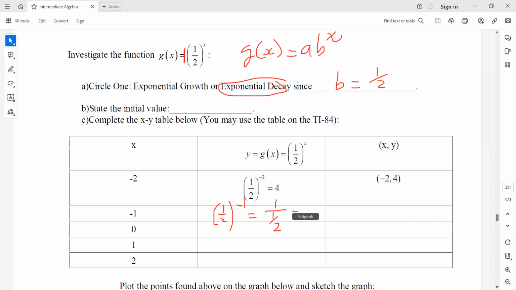And what is 1 divided by 1/2? 1 is 1/1, right? So you're going to have 1/1 times 2/1, which gives you 2. So it's kind of like if you have 1 divided by a fraction, you just flip the fraction. So you have 2/1, okay? All right. So when x is -1, y is 2.